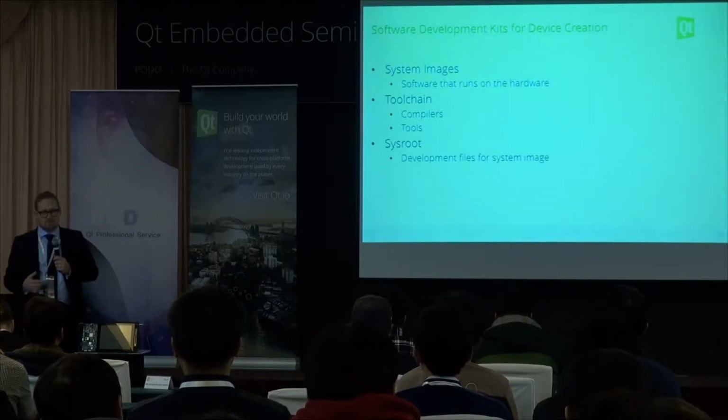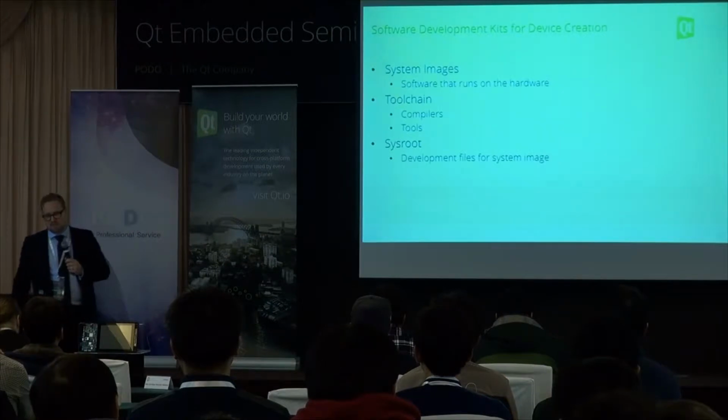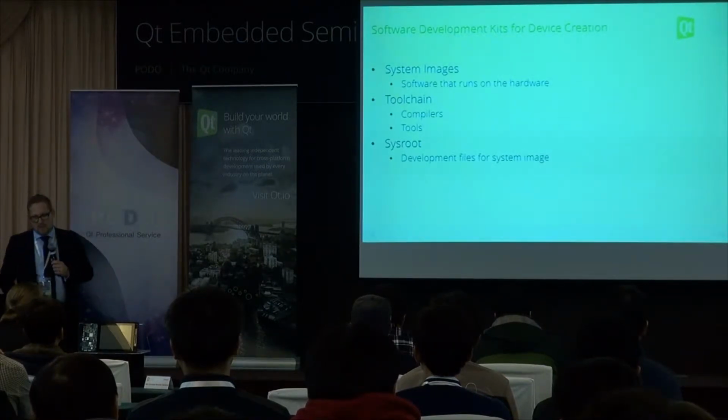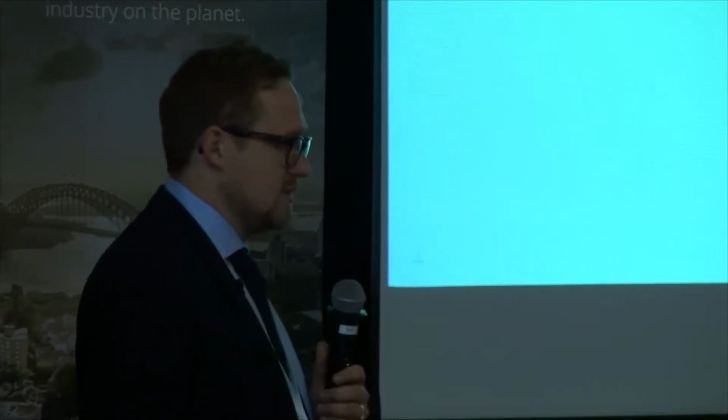It's your operating system and the native libraries running on that device. And you need a tool chain to be able to create something. You need to have compilers and tools that will create native applications that can further run on your device. If you only have the base operating system provided by the hardware vendor, that's not very interesting to sell as a product on its own.